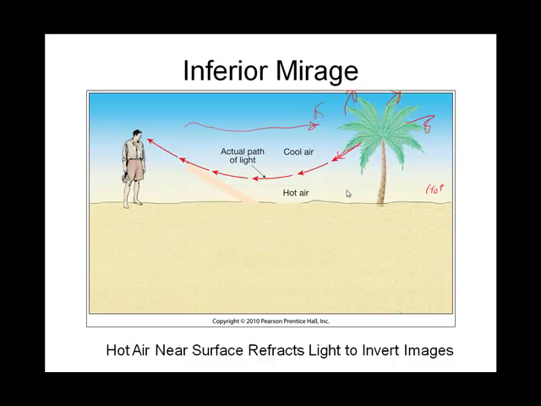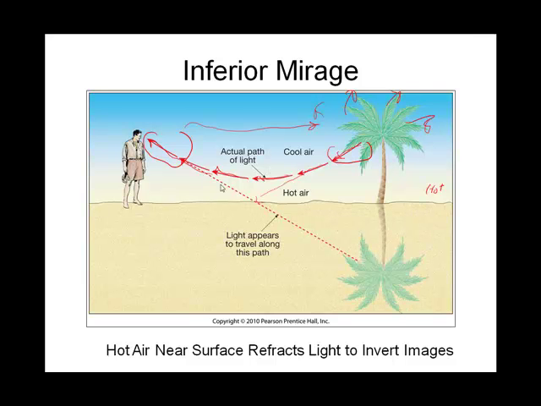Notice that it is bent up towards the cool air. So instead of that information just going down here, it is swooped up, okay? And as it's swooped up, when it reaches the dude's eye, the last known trajectory of this light from the palm tree looks like it is down here.